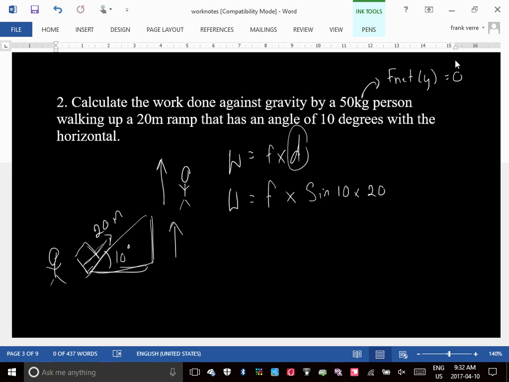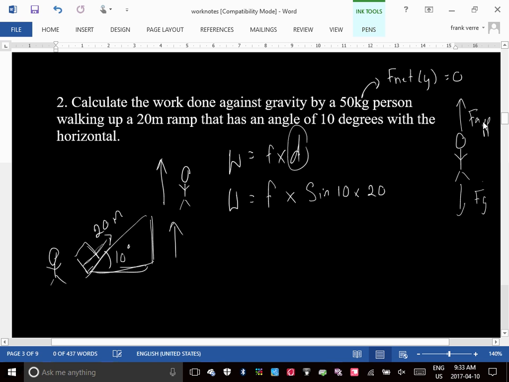Okay? So if we're moving up a ramp at a constant rate, that means that there is a force acting up, but there's also a force acting down, and those two have to be what? Right. So here's my person. What's the force acting down? What's the force acting up?